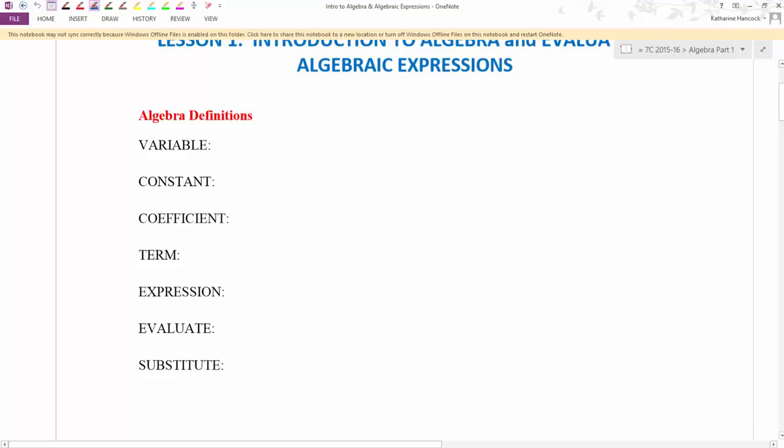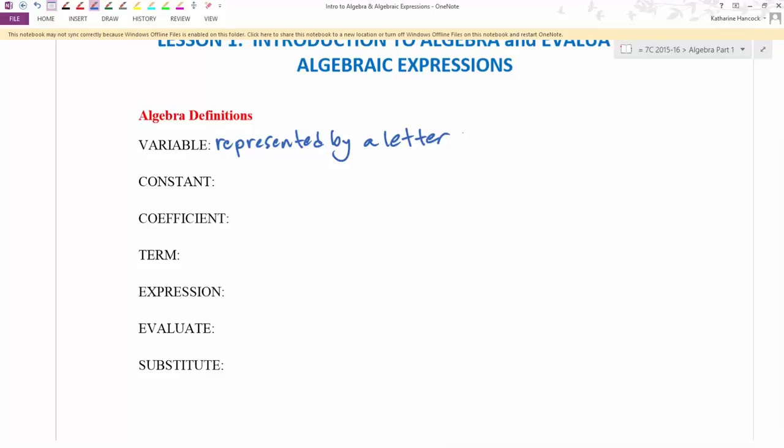So, when we're talking about variables in algebra, the variable is represented by a letter. So, we need to write that down. Represented by a letter. And the variable can be different things at different times. So it's the part that changes.